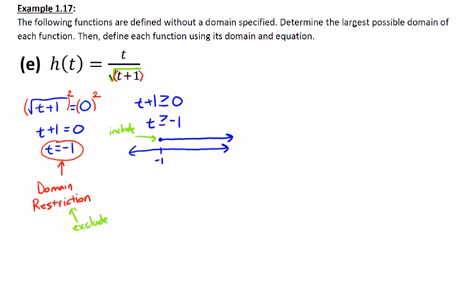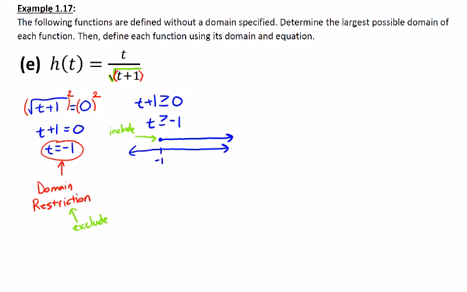Now, if one part of the equation says to include and the other part says to exclude, then we have to go with the most restrictive idea, and that would be to exclude. So when you have a little bit of a conflict of interest here, so to speak, you have to go with the exclusion. You will not be able to include negative 1, you'll have to exclude it.